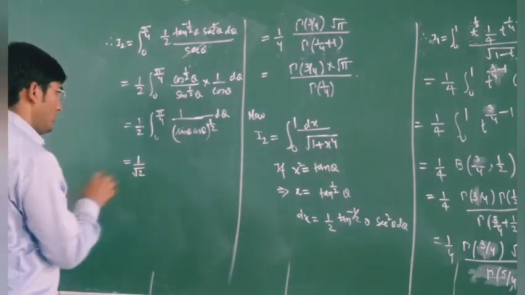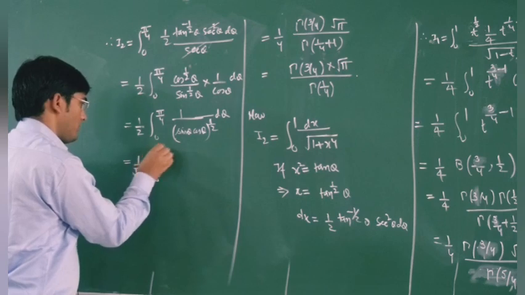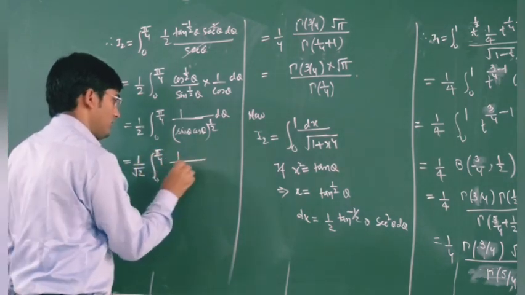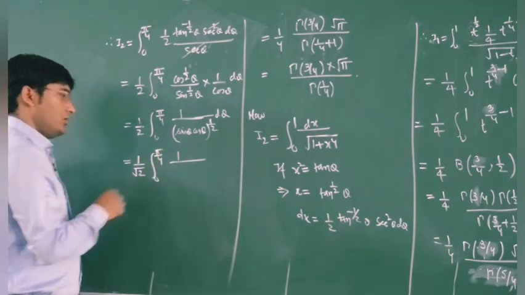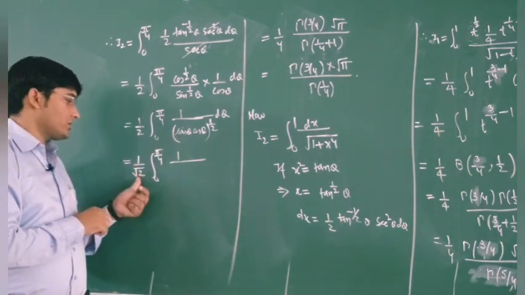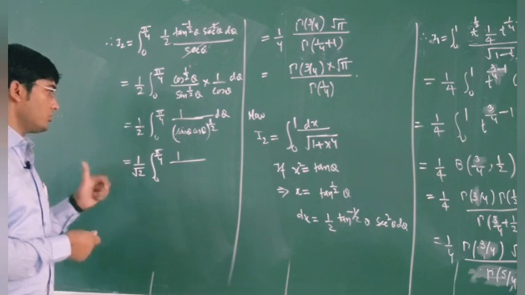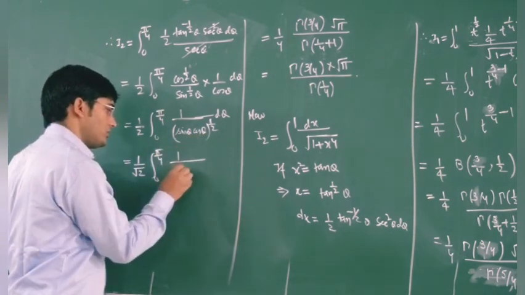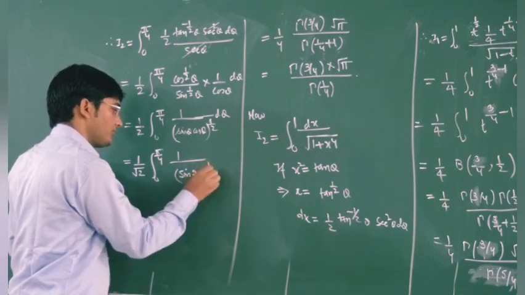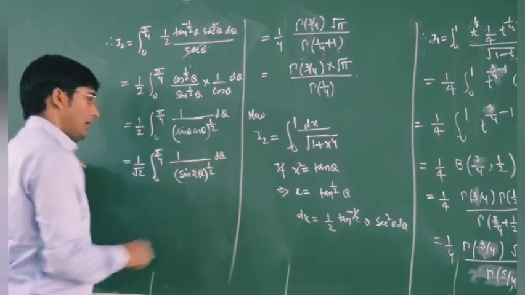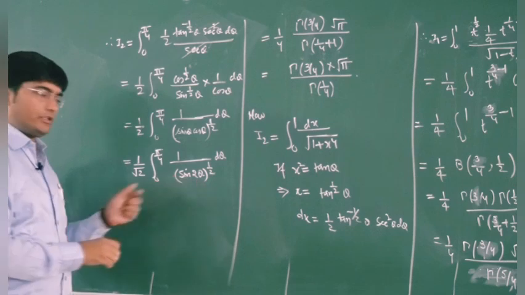So 1 by root 2 into 0 to pi by 4, and now this can be written as 2 sin theta cos theta, because square root 2 times square root 2 is 2. So this is sin 2 theta whole power 1 by 2 d theta. Now again let us assume 2 theta equal to t.